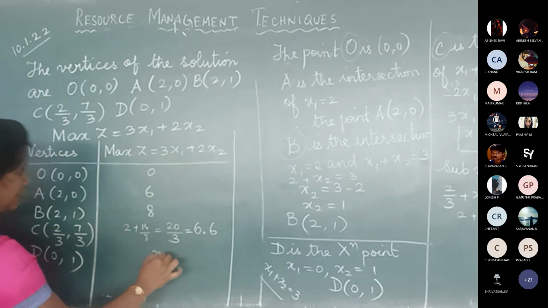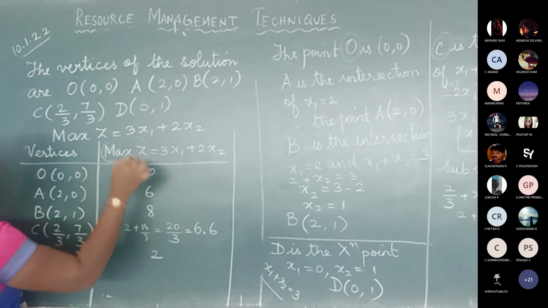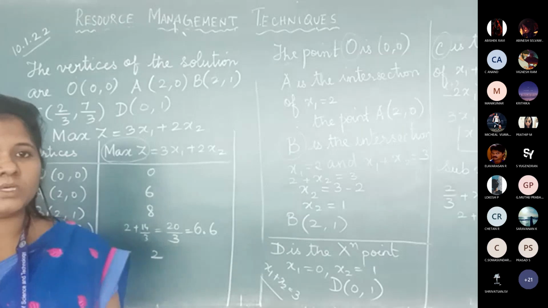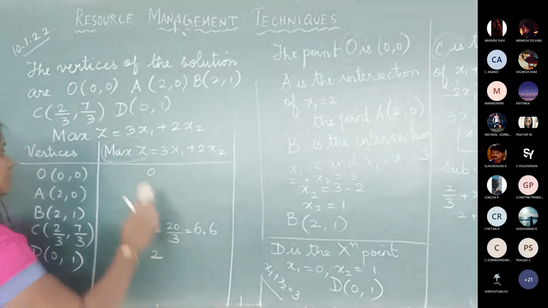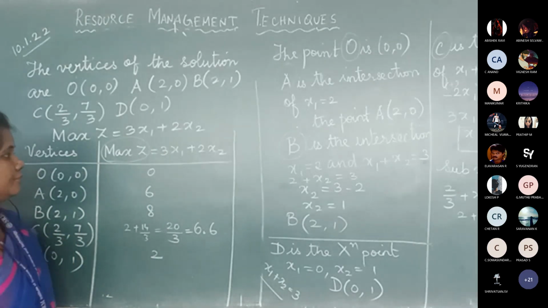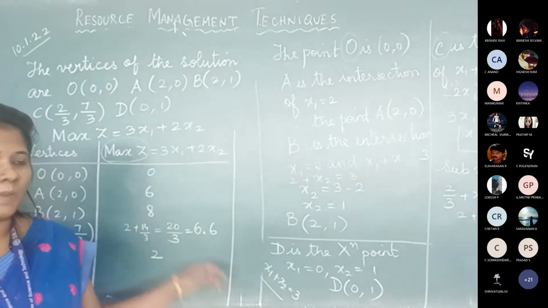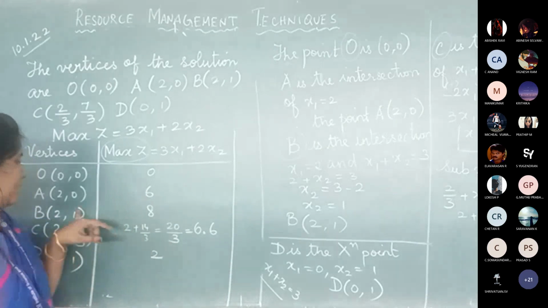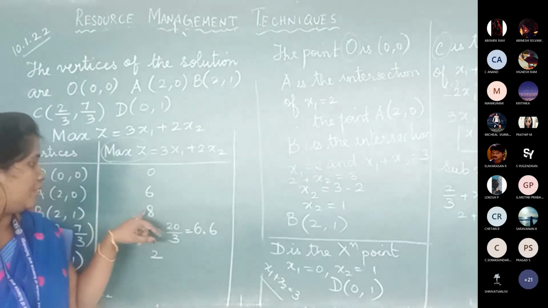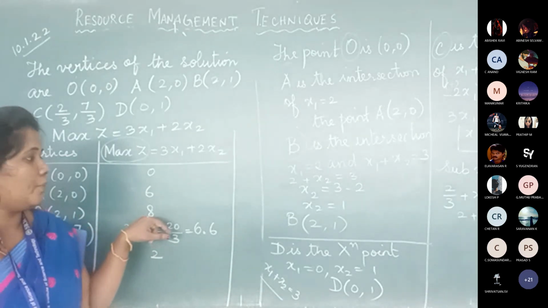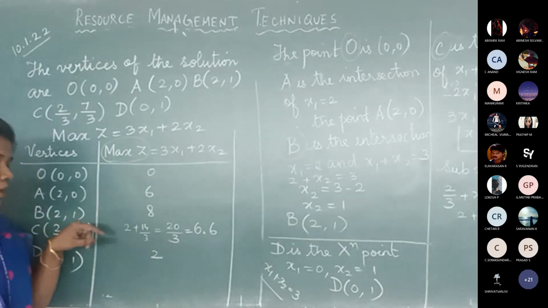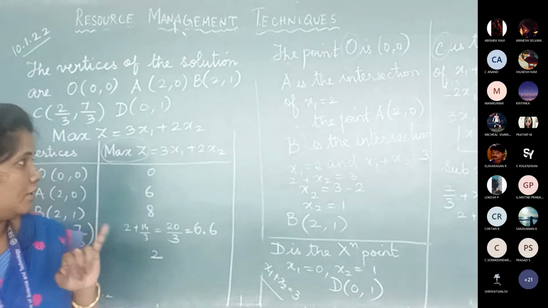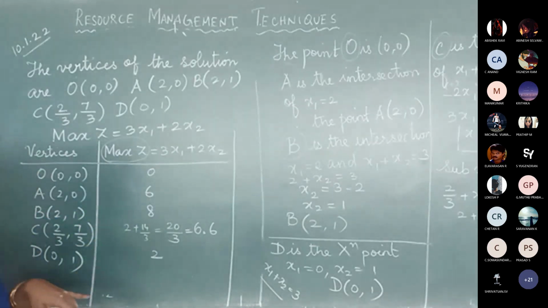Now this is your max value. Which value has got your maximum value? Here you're getting your maximum value to be 8. Your max Z is equal to 8 at the point 2, 1, which is your B vertex. So you'll have to conclude it like that.